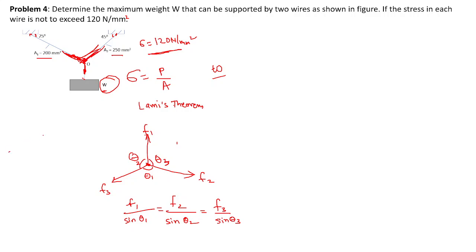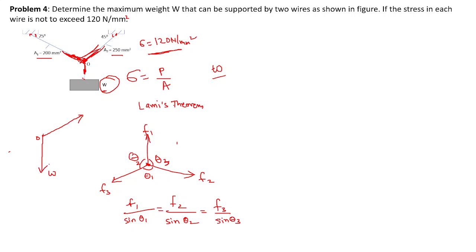O is the common point of three forces. Here a tensile force acts on this wire, because W is a pulling force in the downward direction.